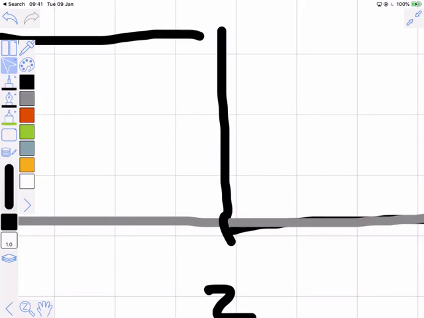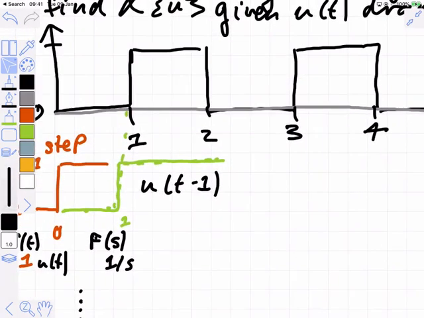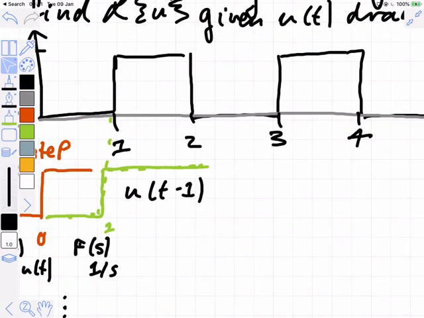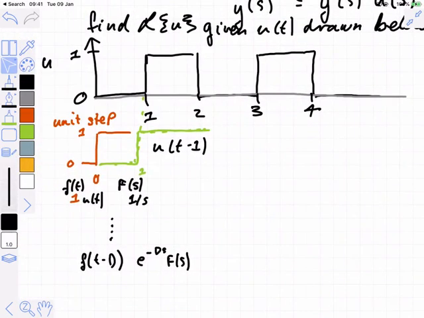So it's 1 minus u of t minus 2. Does that make sense? So that function, just the one that goes from 1 down to 0, is 1 minus whatever, okay? But we're already building a function. We're already here, right? We already have u of t minus 1.